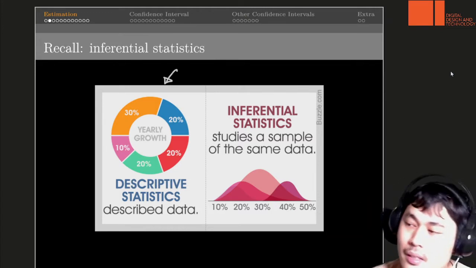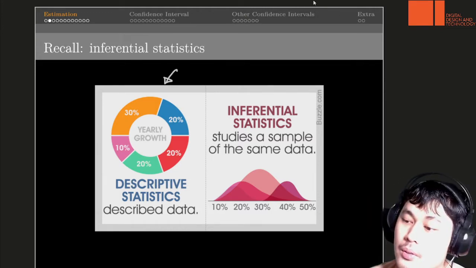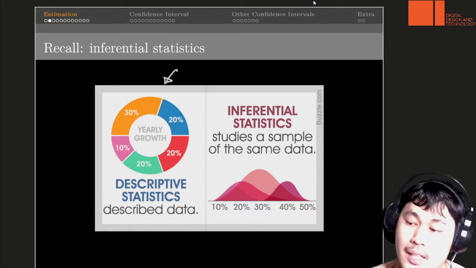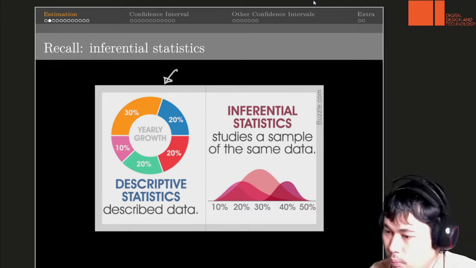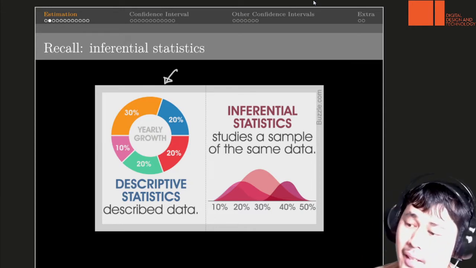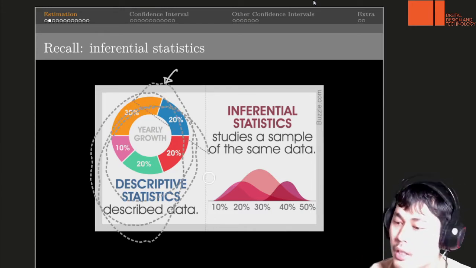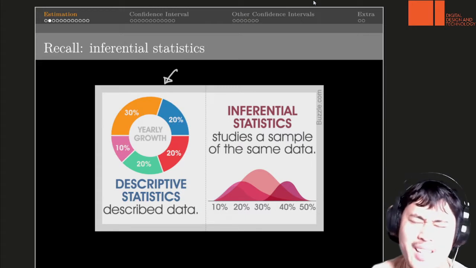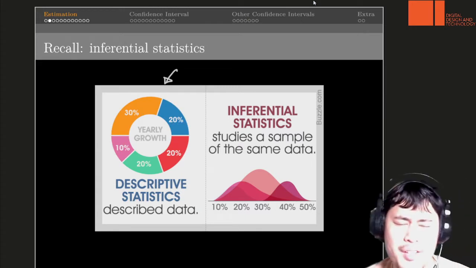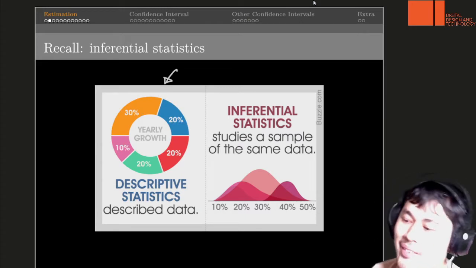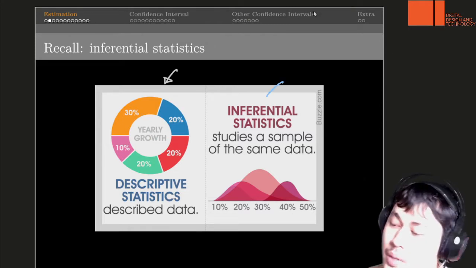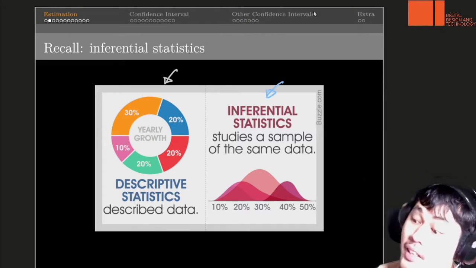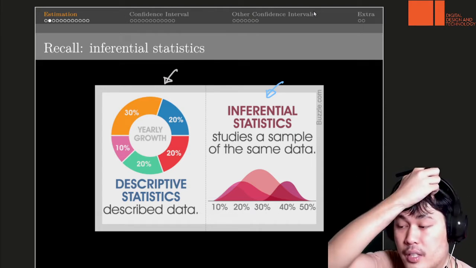Organize it so that it is easy to see what is outstanding or what is important. There are lots of tools you can use. You can just stay using a spreadsheet or Excel forever. You can do fine. And the other branch, which is what we are studying right now, is the inferential statistics.